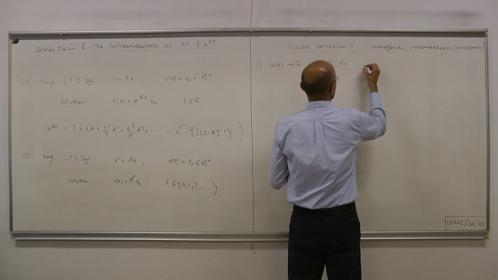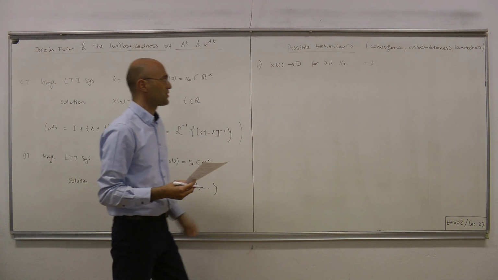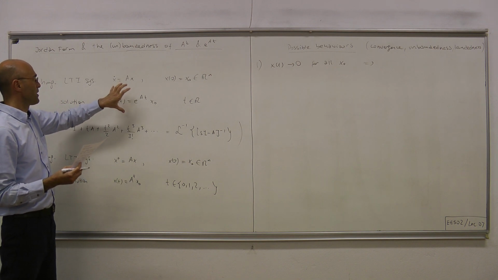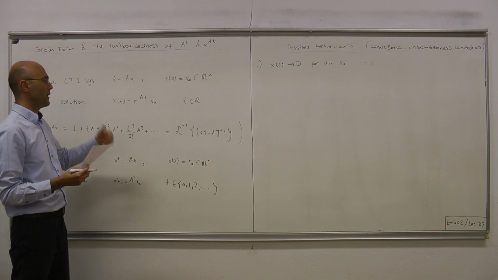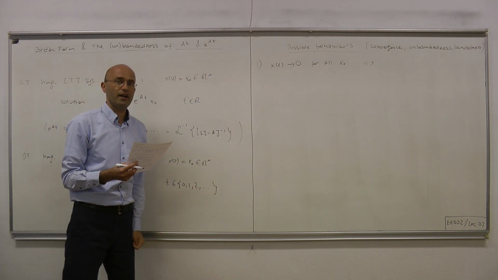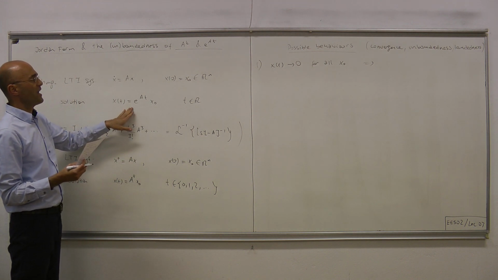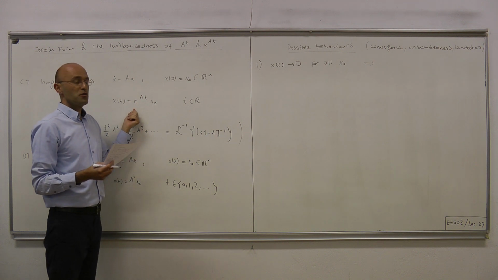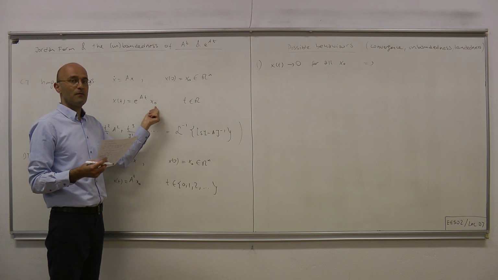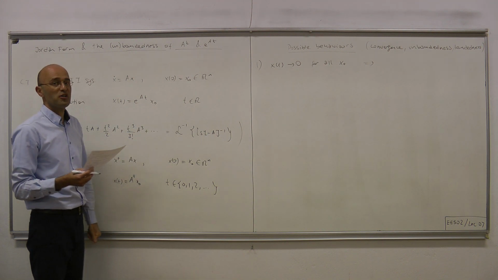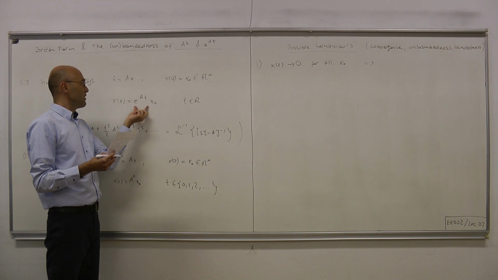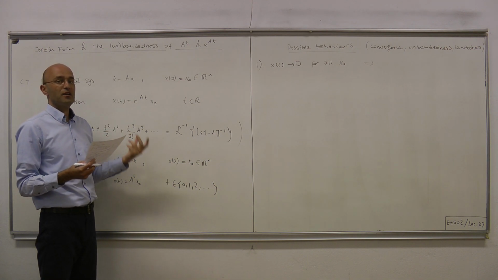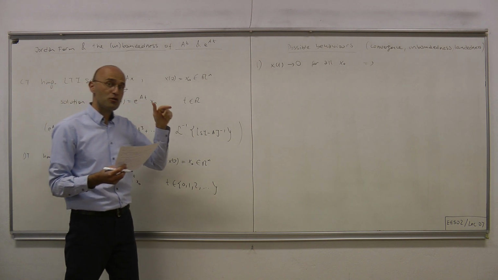Now let's take the continuous time point of view, so that it will be easier to find examples. If this is the case for a continuous time system, if x of t is converging to zero for all possible initial conditions, it's only possible if the state transition matrix e to the At is itself converging to zero.